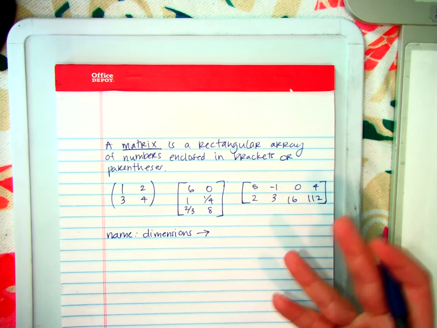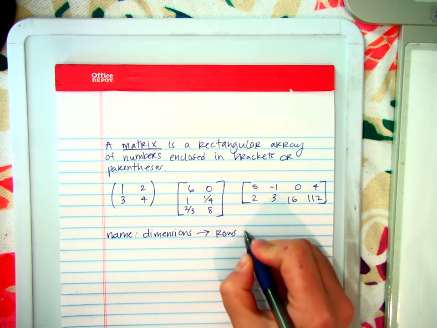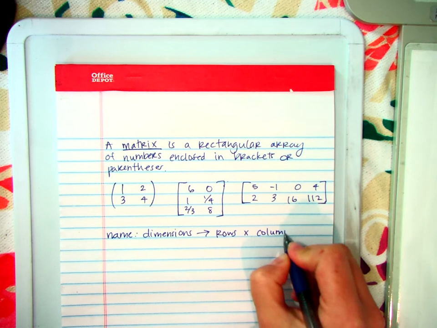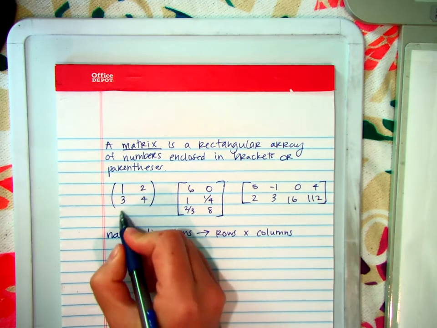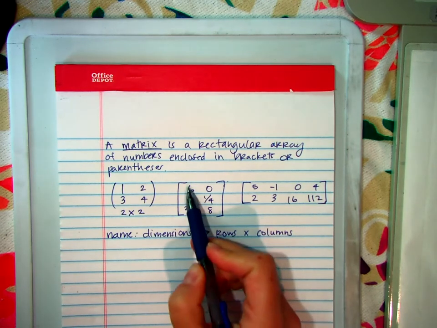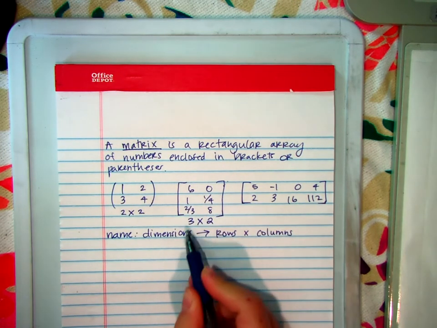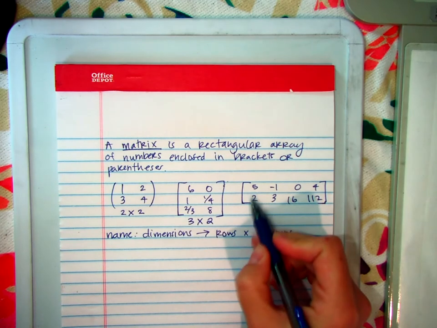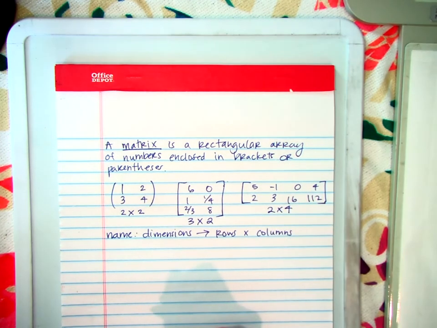A long time ago, we decided to call them their number of rows by their number of columns. This one has 2 rows and 2 columns, so it's a 2 by 2 matrix. This one has 3 rows, but still 2 columns. It's a 3 by 2, row by column, matrix. 2 rows, 4 columns. This is a 2 by 4 matrix.